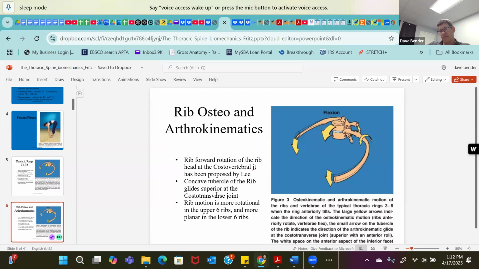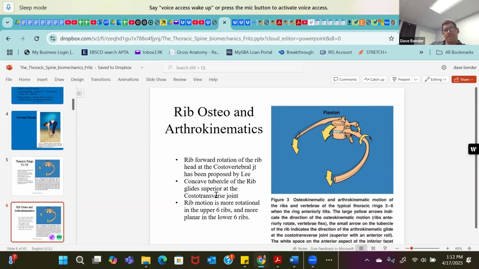It's sometimes been referred to as almost like an uncovertebral joint, and the costovertebral joint's ability to stabilize this joint. And again, we have a concave tubercle on the rib. Do I have that correct? Yeah, the concave superior costotransverse joint.